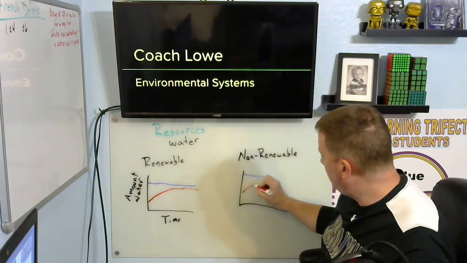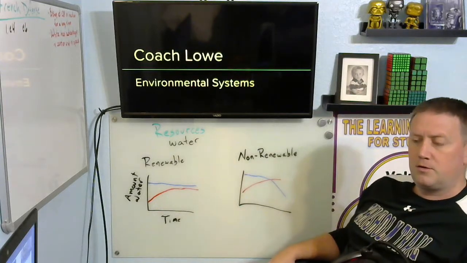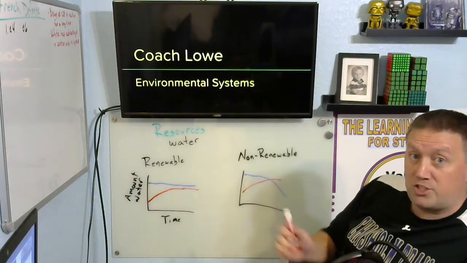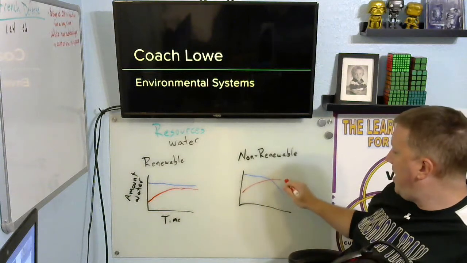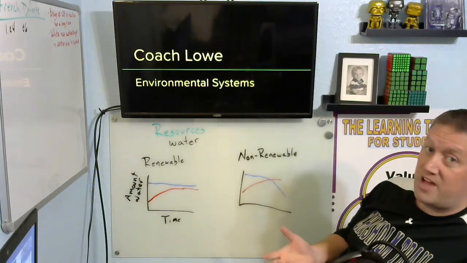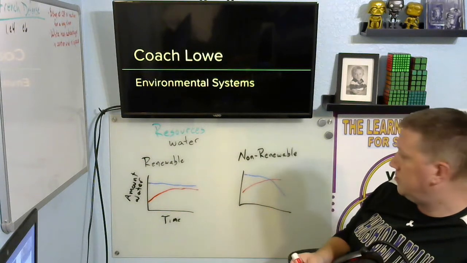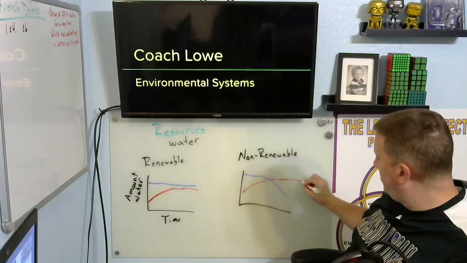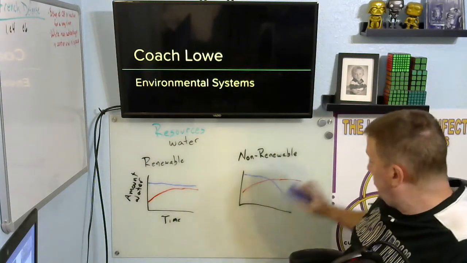So water use increases, and all of a sudden we've crossed that line where the water cycle is replacing the water. And so now there's not enough water for us to use. We can't continue to use it at this rate because there is no water to use.